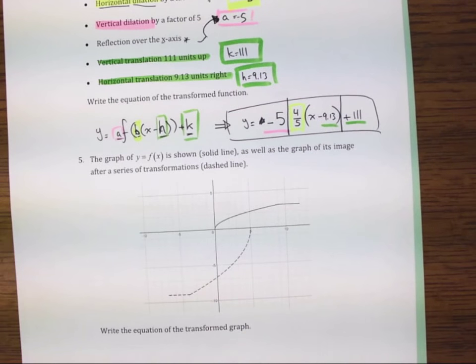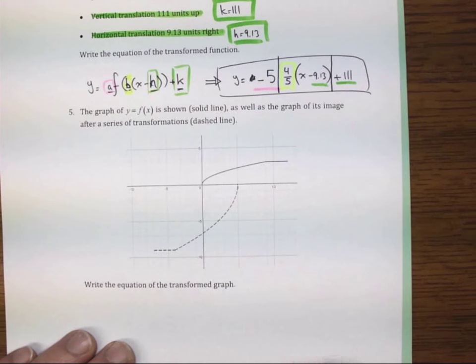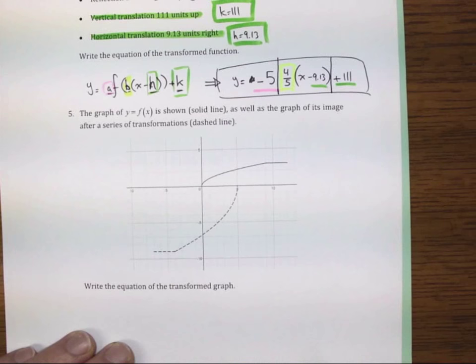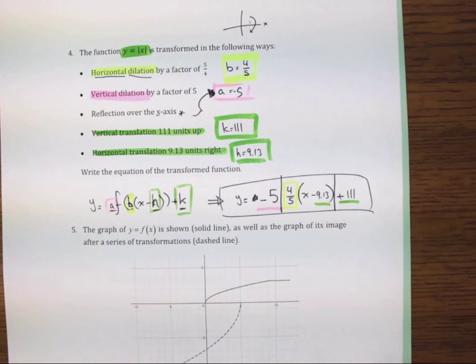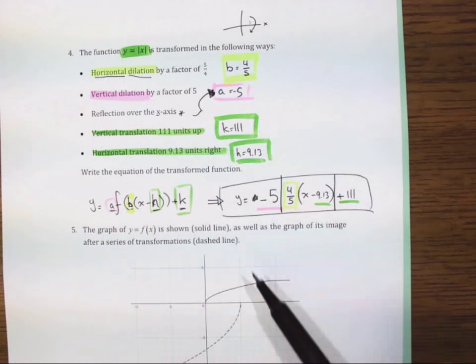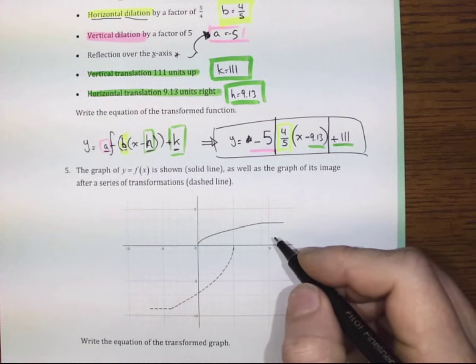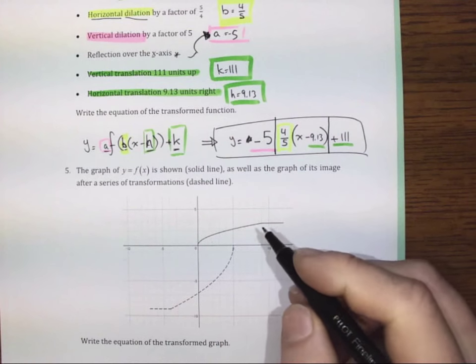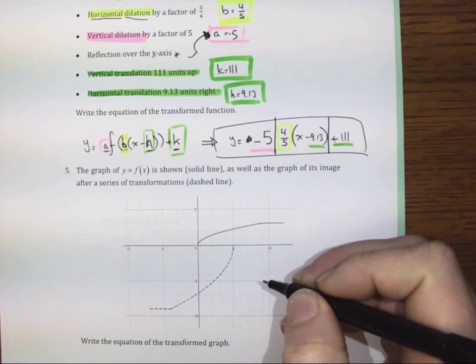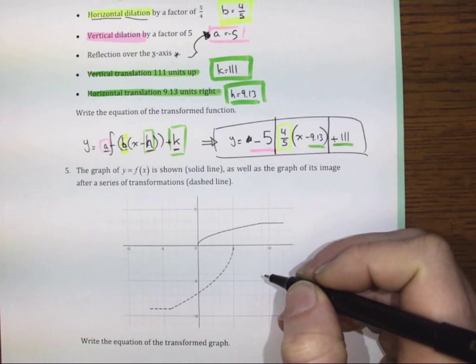Okay, so now we're asked to write the equation of a transformed graph, just like we were asked to do here. And the difference is that rather than being given specific transformations, we're going to have to infer what transformations are occurring by just taking a look at how this shape has been manipulated.